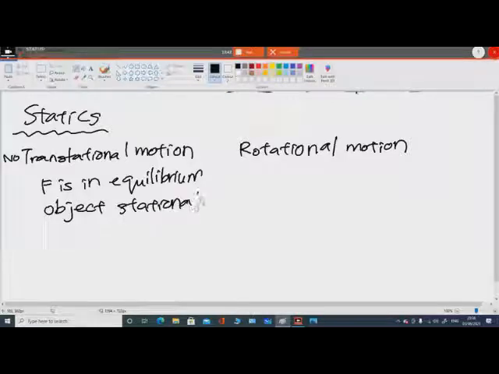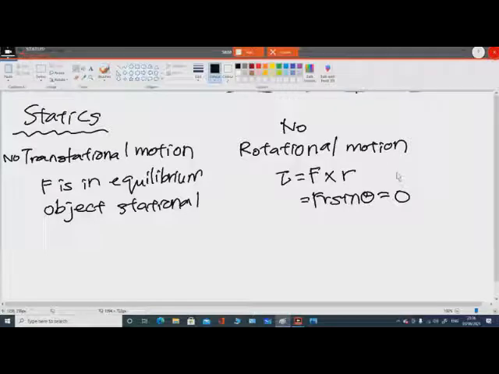As for rotational motion, if there is no rotational motion, we can conclude that the resultant torque, which is the cross product of F and R, or F r sine theta, is equal to 0.